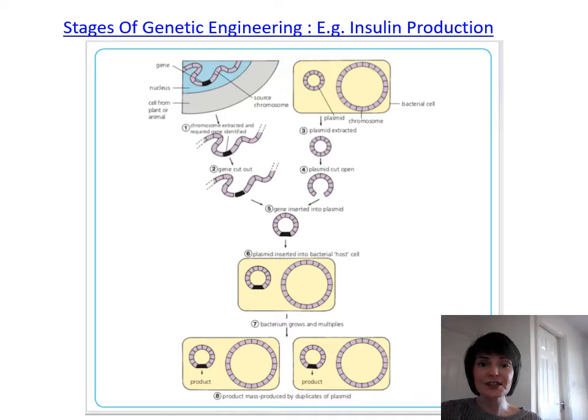So the first stage in genetic engineering is you have got your animal cell there, and inside the nucleus, that's the blue bit, you will find your chromosomes.